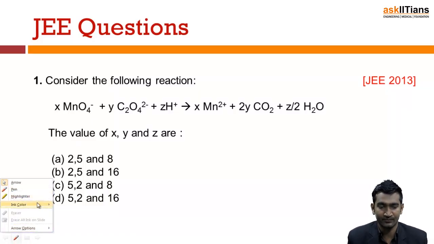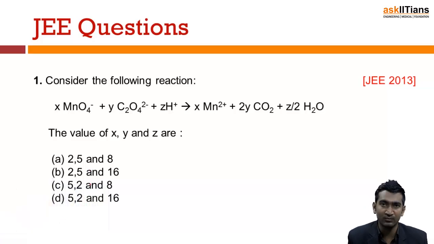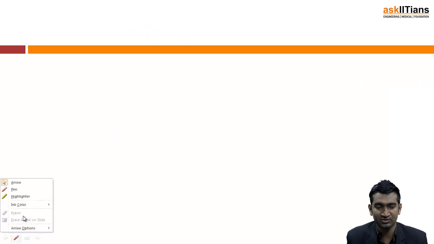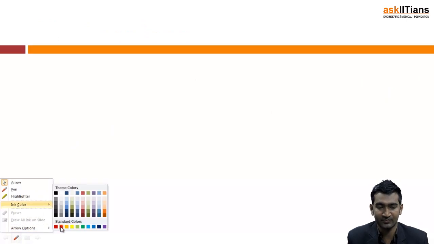Now how will I move on to solve this question? Obviously I have to apply the fundas of balancing chemical reactions, redox reactions, which I have taught you guys. You just have to check the oxidation states and analyze what the difference is.